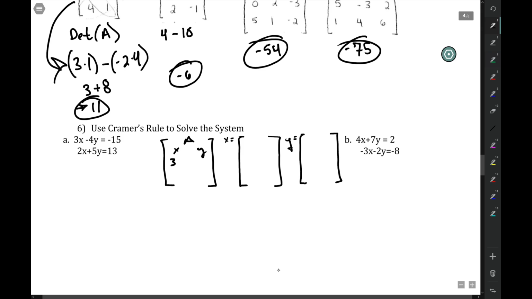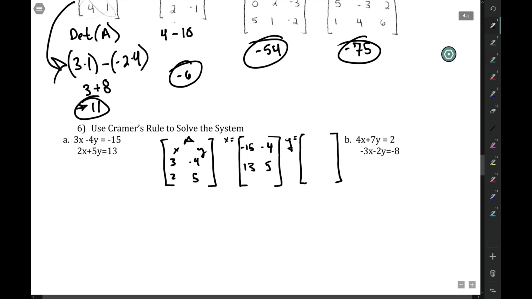This one will be 3, 2, -4, and 5. For this one, if you're solving for x, you replace the x column with the answer column: -13, and -4 and 5.